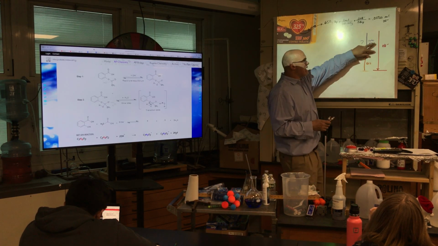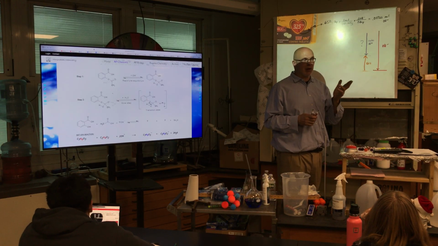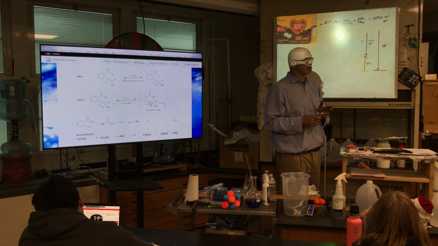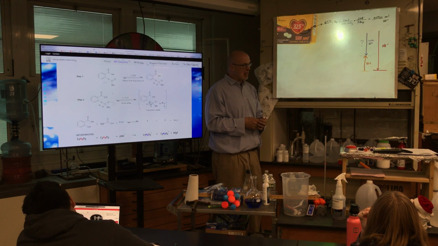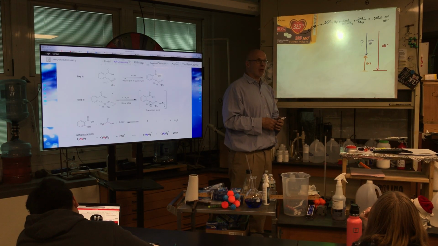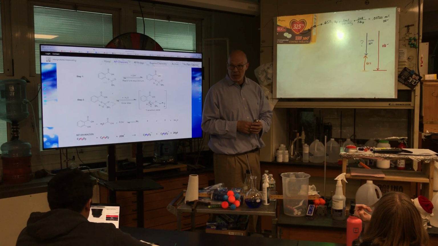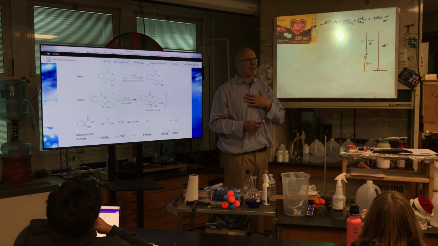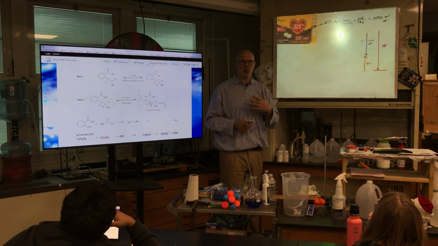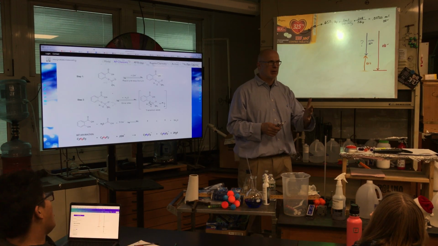So this is not the excess. So we said to ourselves, what arbitrary value should we use? And yesterday I said, we're going to add 0.01 moles of base excess. Why did I pick that? Because that's a safe number. I didn't want us working with 5 molar, so I didn't choose that.